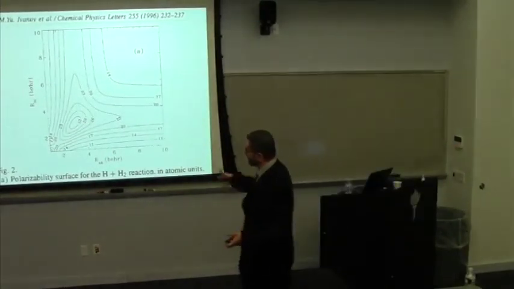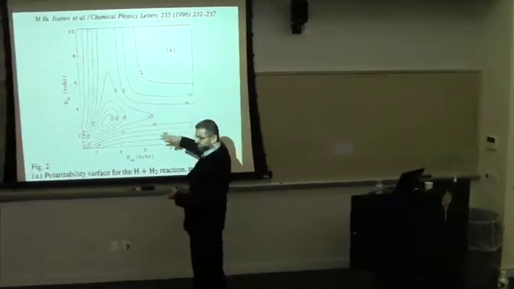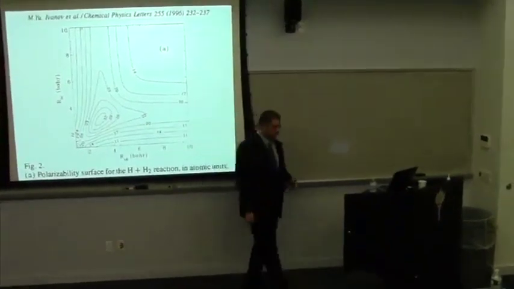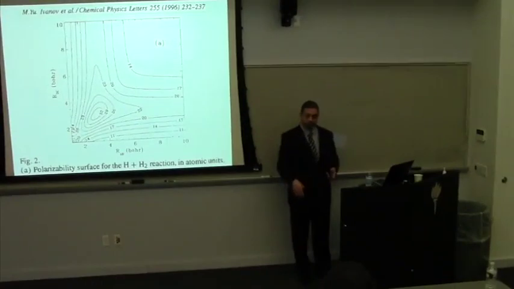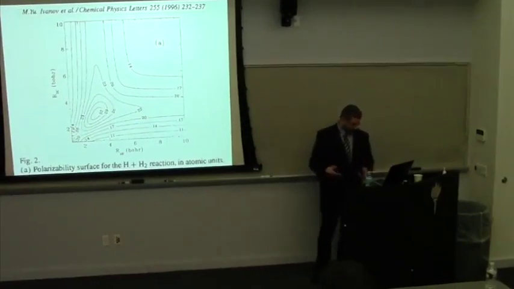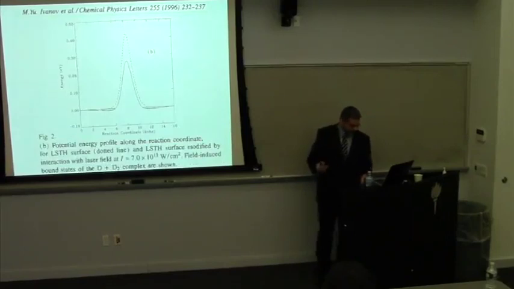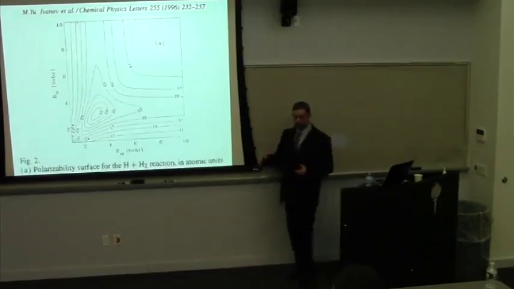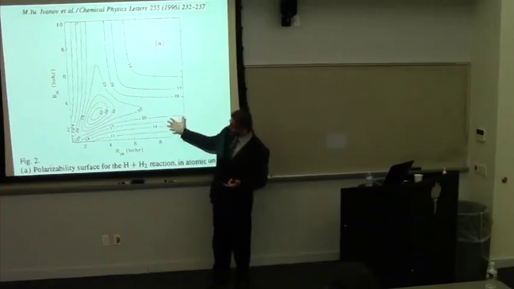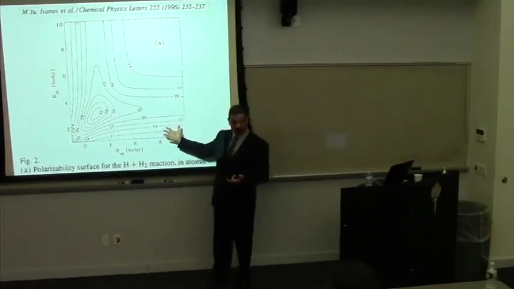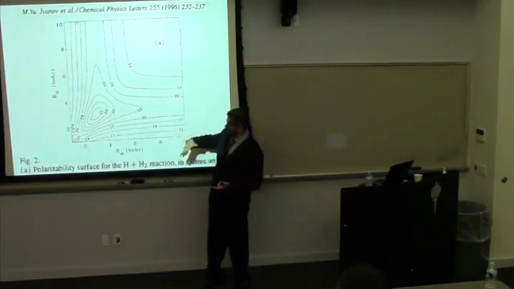And you can see that there are valleys and things. It looks like an energy surface, but it's not. And of course, the contours here give you the value of the polarizability, I think in atomic units. If you plot the reaction profile, unfortunately I do not have the energy surface that goes with that, but you can imagine something similar.